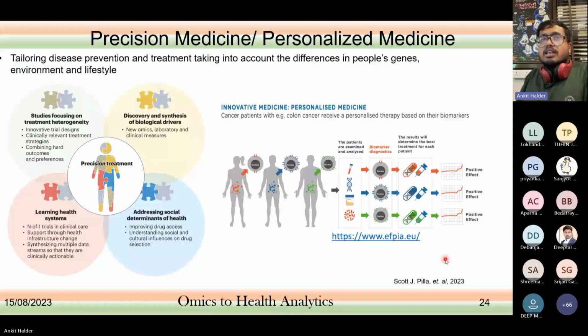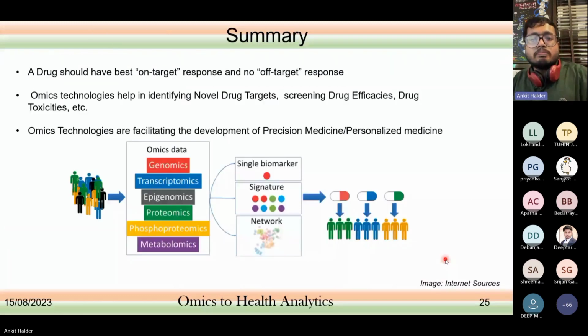To summarize, a drug should have the best on-target response and no off-target response. Omics helps identify novel drug targets, screen drug efficacies and drug toxicities, and also facilitates the development of precision or personalized medicine.